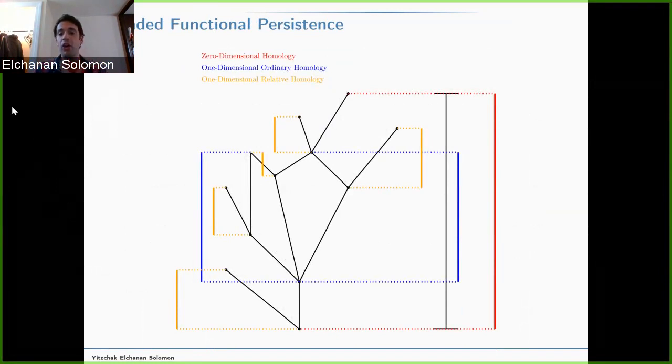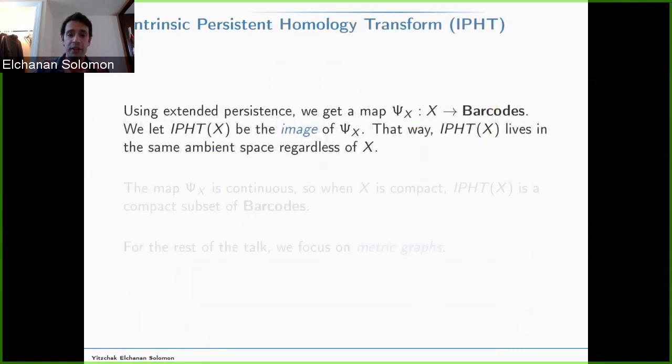So you see that you get a lot more information this way. In particular, if you started with a tree and you look at the distance from a point, the homology of a tree is always trivial, so you're not going to get any information. But in the relative homology, you get a lot. So you need to take the full extended persistence to get all the topological information. And also, for purposes of stability, it helps to get rid of these infinite bars. So that's extended functional persistence.